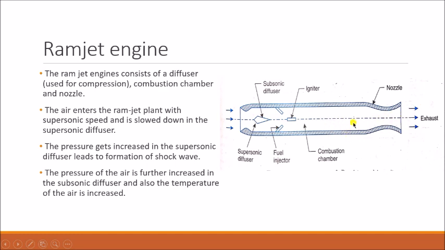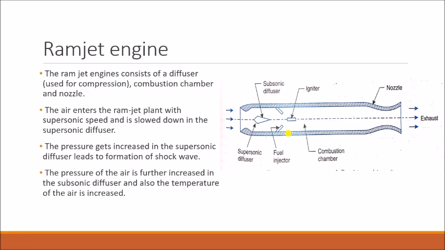The pressure generated here is converted into very high velocity gases leaving the nozzle, which provides the forward motion to the ramjet. So that is the explanation of the ramjet engine.